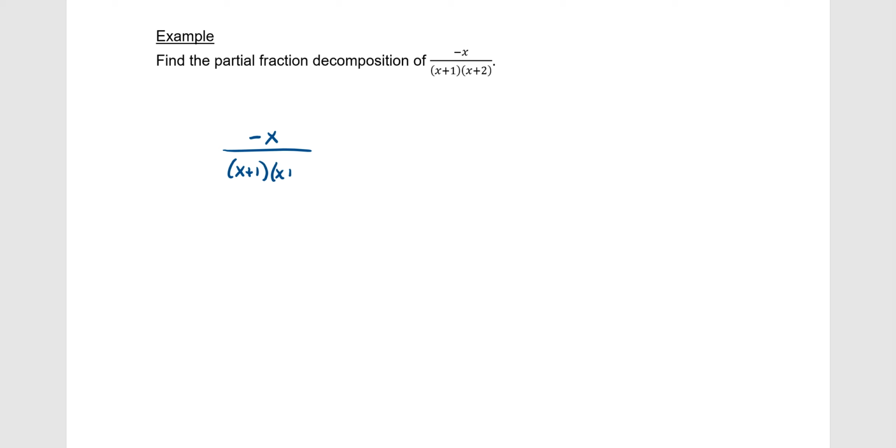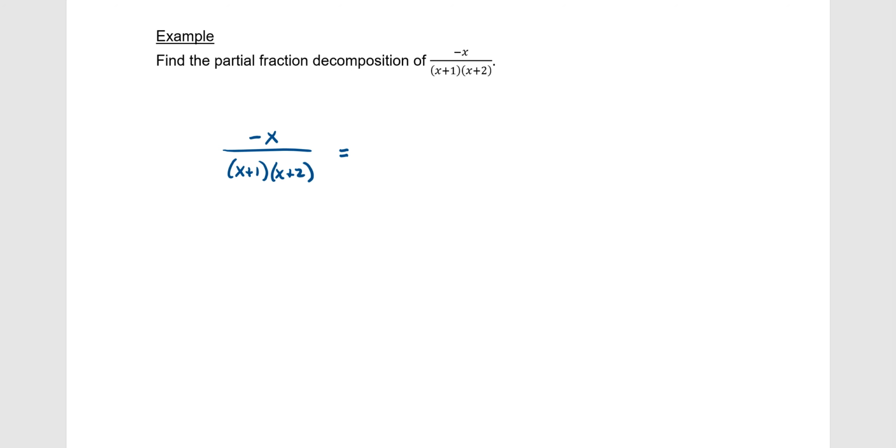The next step is to factor the denominator. The denominator is obviously completely factored. So what we have to do next is set this equal to a sum of partial fractions using those factored denominators. These are linear factors, x plus 1 and x plus 2, and neither of them has any exponents.